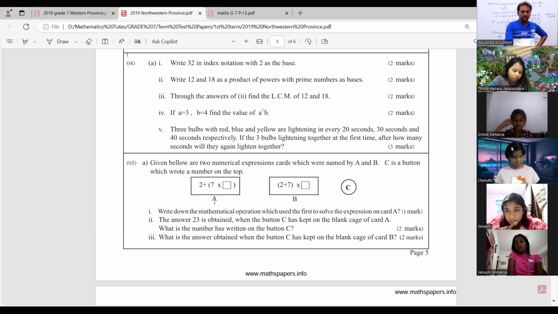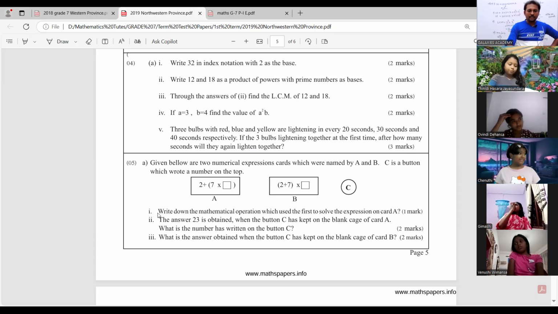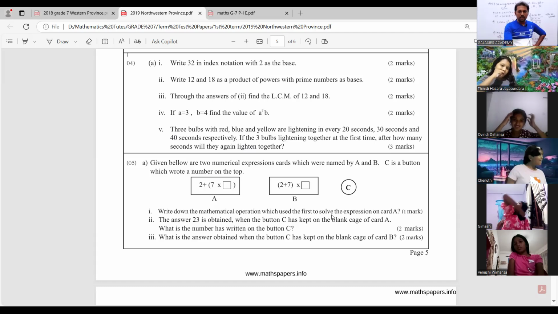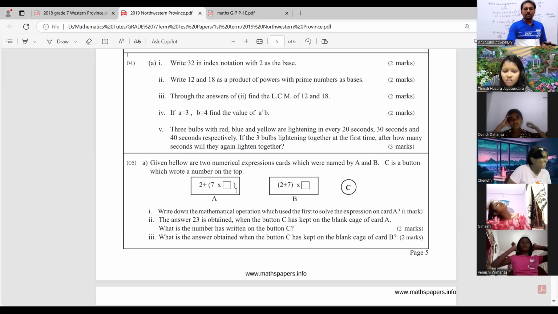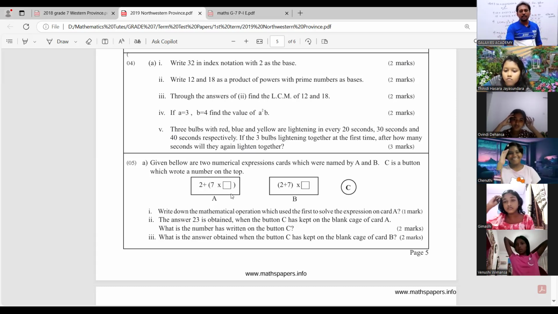These two are A and B, and this button is C. First part, look at: write the mathematical operation to use first to solve the expression on card A.